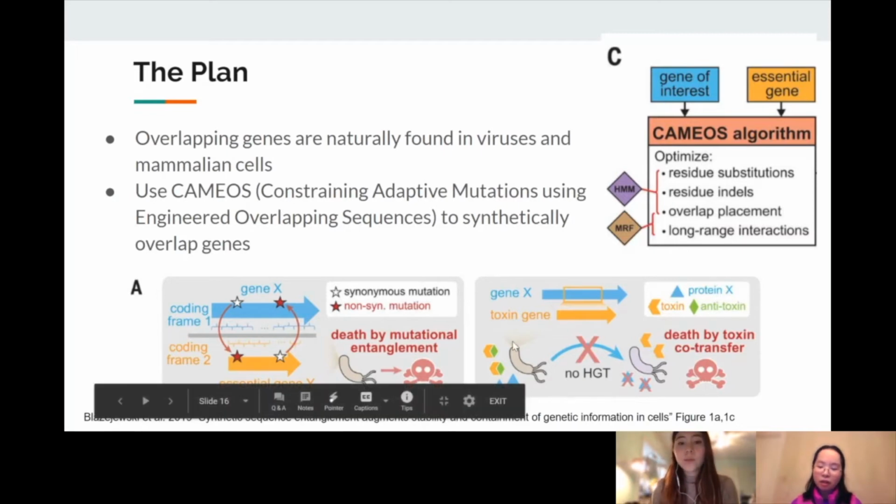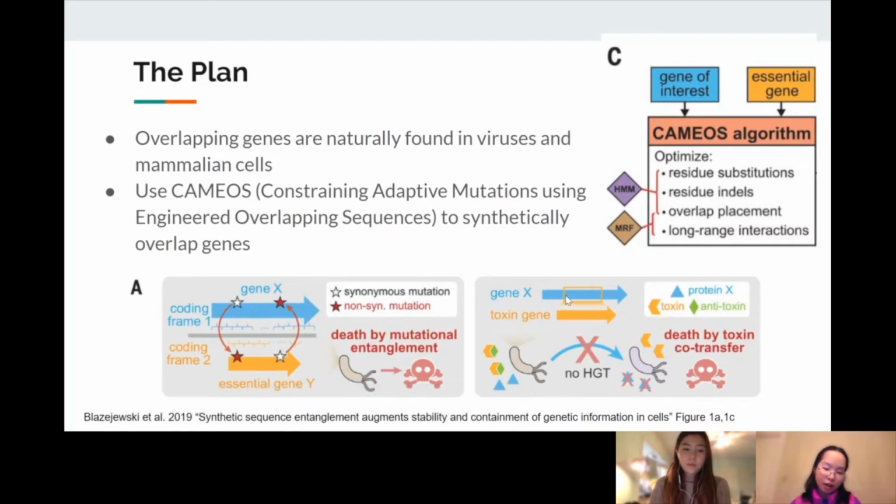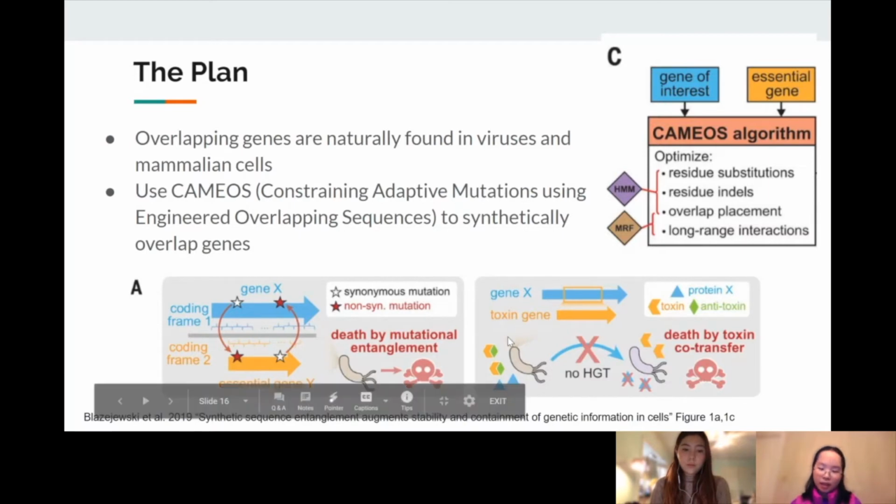But then how do you know that the original cell that has the overlapping genes with the toxin and the target gene does not get killed? They don't get killed because there is an existing antitoxin plasmid already in the cell that's constantly producing an antitoxin molecule, and that prevents the toxin from being toxic to the cell.